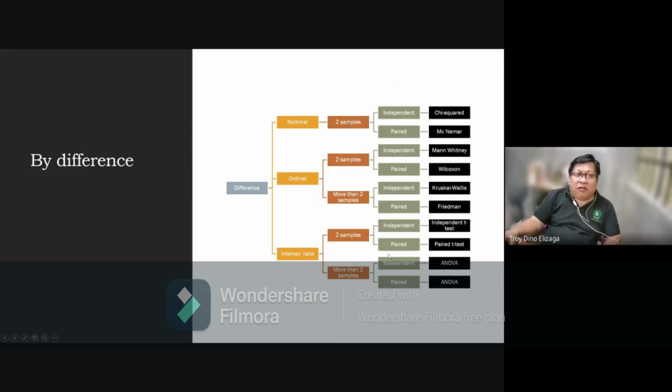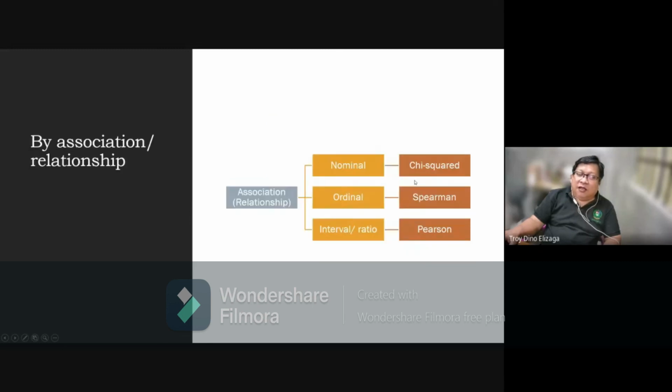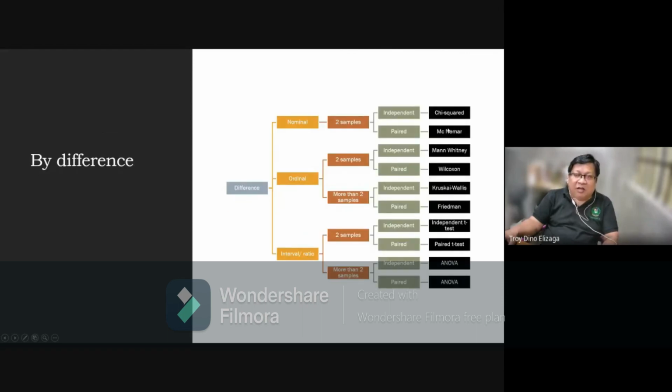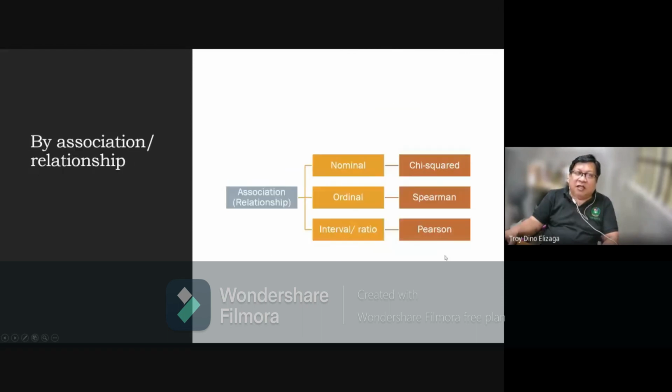So depending on the condition, you have here all the types of statistics that you have to learn and that we should apply. Some of your jaws may be dropping right now, but don't worry, you'll survive. And by association, again, the type of data that you have, whether nominal, ordinal, or interval, determines the type of statistics that should be applied. We're going to discuss as many as we can of these.